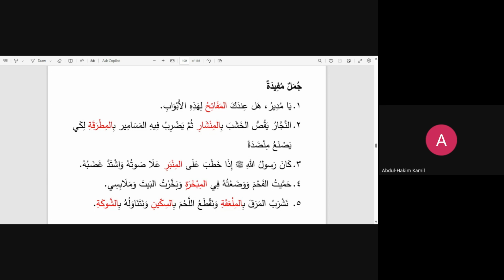The prophet Zachariah was a Najjar, a carpenter, works with wood, builds things. النجار يقص الخشب بالمنشار. الخشب is wood. ثم يضرب فيه المسامير, he bangs nails in it, بالمطرقة. مطرقة اسم آلة. مطرقة اسمها المطارق.